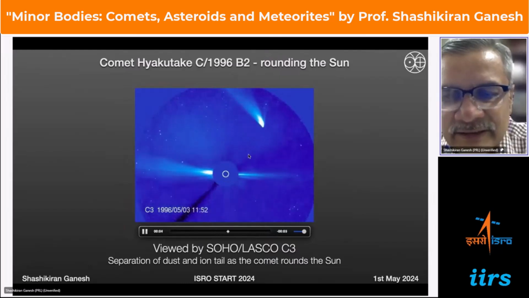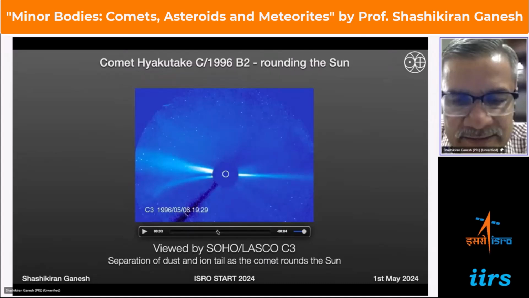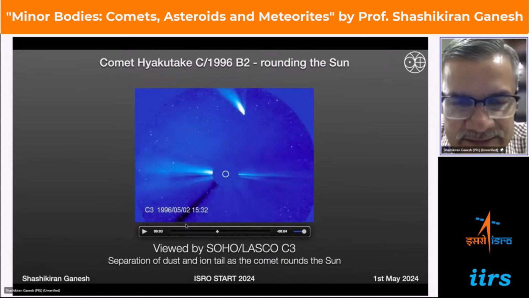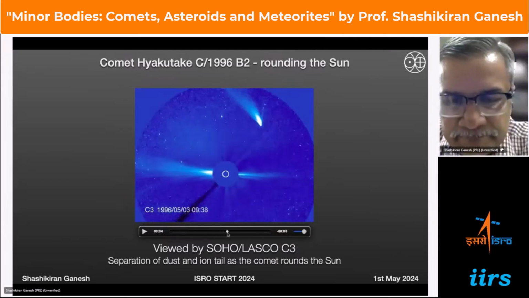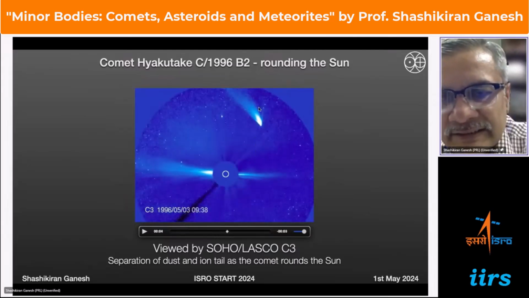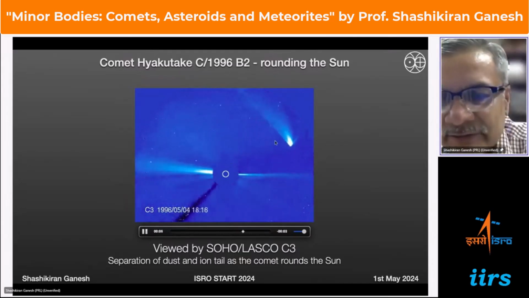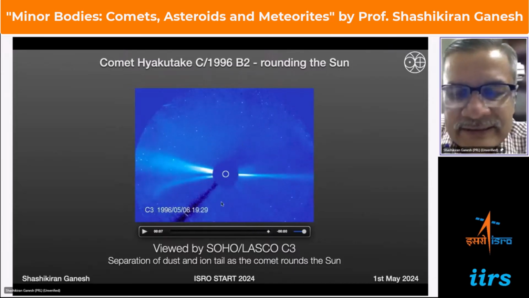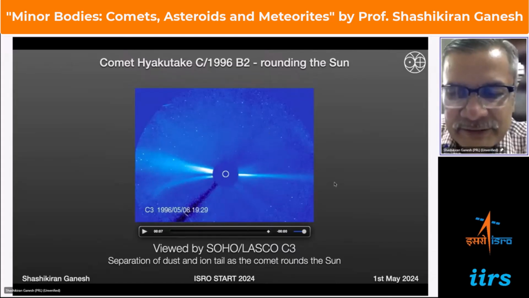The sun is behind this occulting disk, and this cloud structure which you see here, I'll just stop it here somewhere. So here you see the dust tail, and then you see the ion tail very nicely as a very thin and sharp feature. And it's always pointing away from the sun, as you can see in this video.